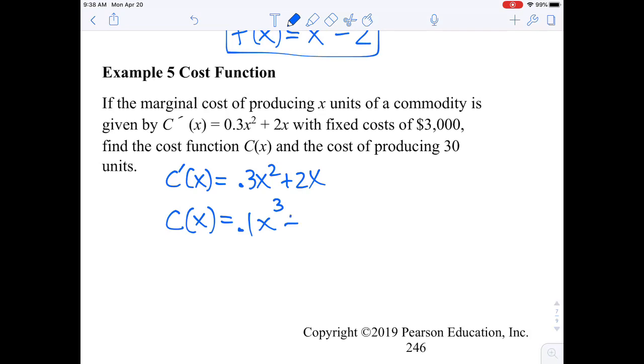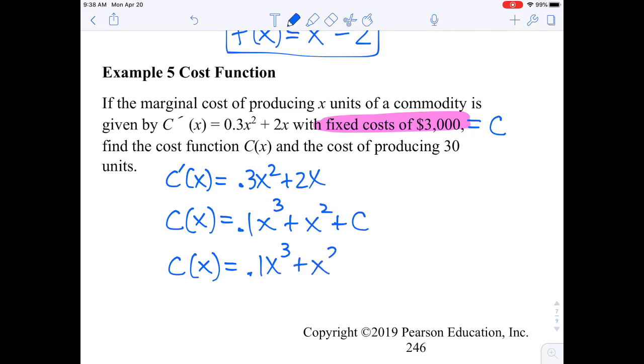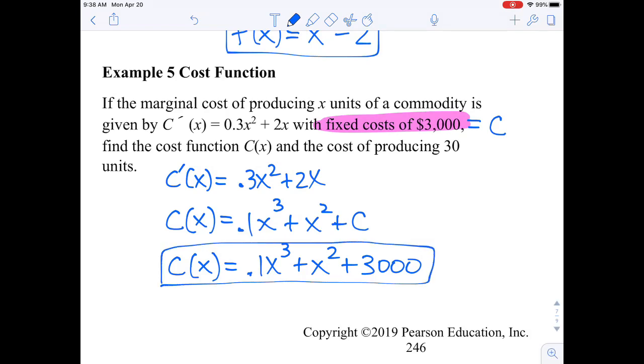Divide by 3. Okay, but it says that we have fixed costs, so we're already given c. So my function is 0.1 x to the third plus x squared plus 3,000. So there's our cost function.